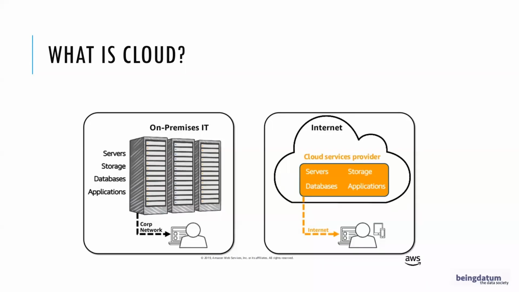To understand it in a better way, let's take an analogy for cloud. In the early 1980s or 1990s, we had electricity, and I think electricity is a perfect example to relate to cloud computing. Earlier, you had to generate your own electricity: you buy your own generator, maintain it, and all the expenses are incurred by you.